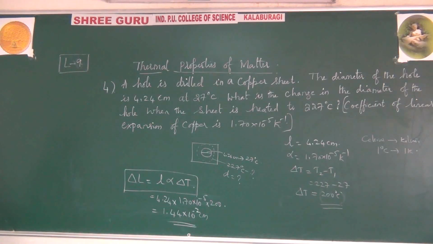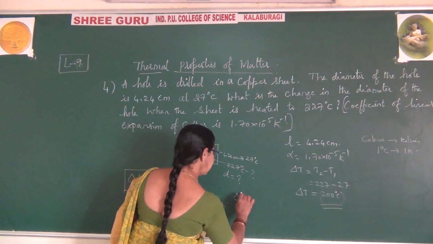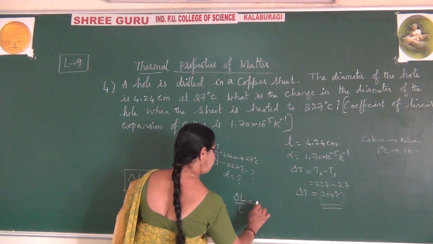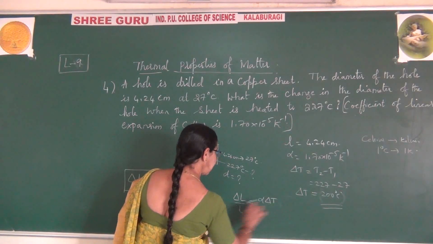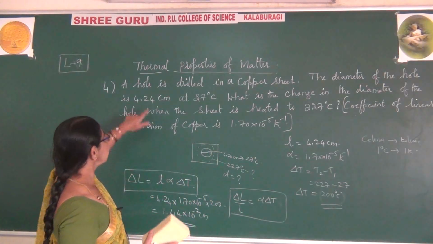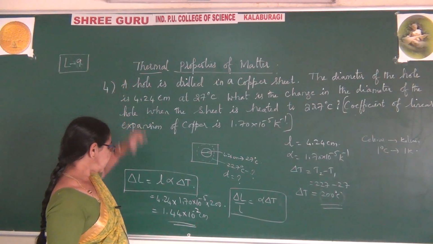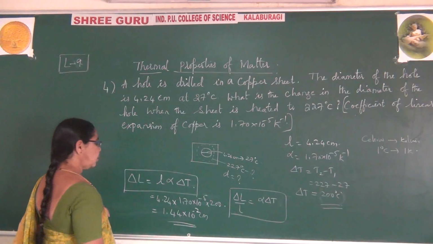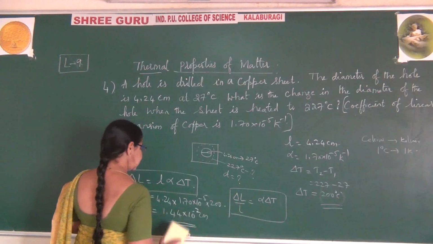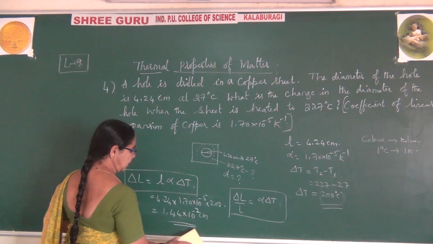You can also write like this: delta L by L is equal to alpha delta T. This is nothing but the fractional change in the length, where the original length was 4.24 centimeter and now it has been increased, where you get it equal to 1.44 into 10 raised to minus 2 centimeter.